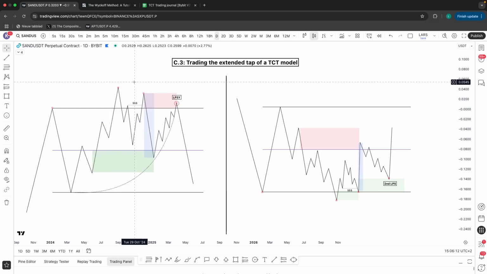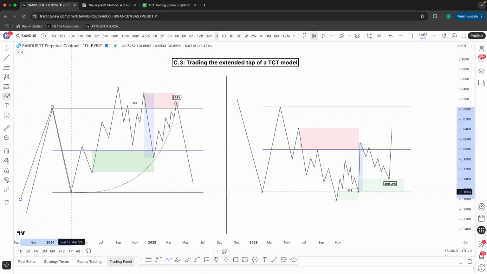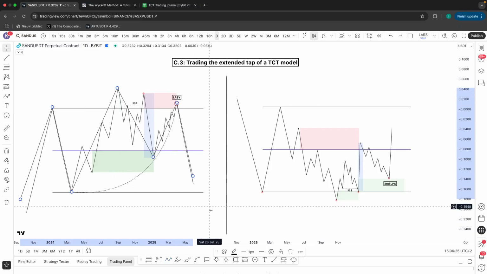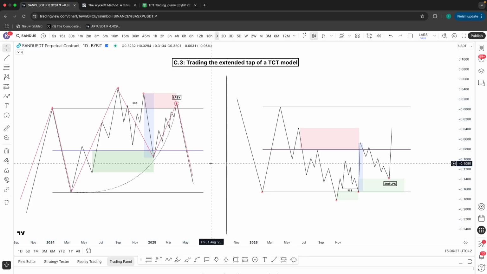The only difference between trading the extended tap and calling this an EHP is that not in every situation can this be validated on the higher time frame as a regular Model 2. If on the higher time frame this is a regular Model 2, then you can also call this an EHP, where you have that lower time frame extended distribution in combination with the regular higher time frame distribution.